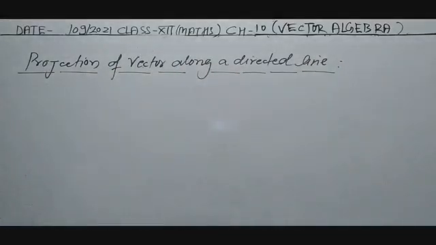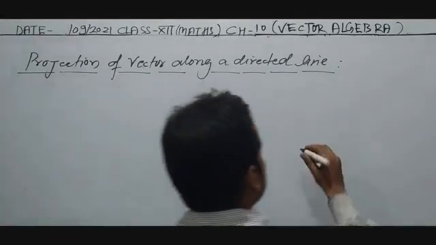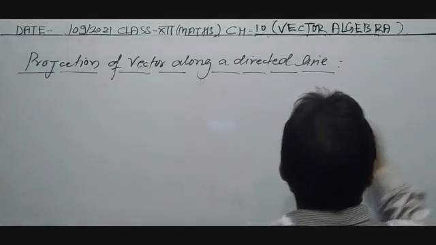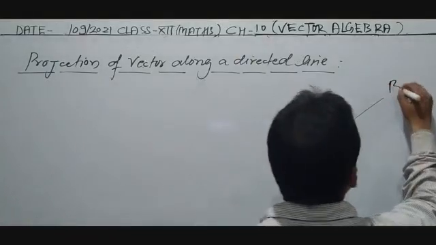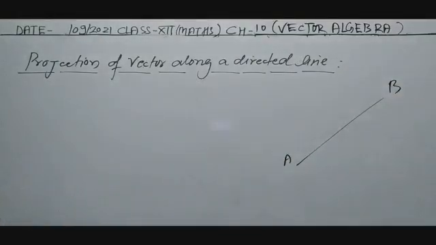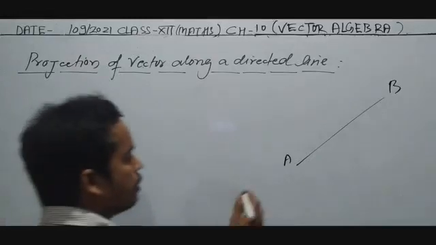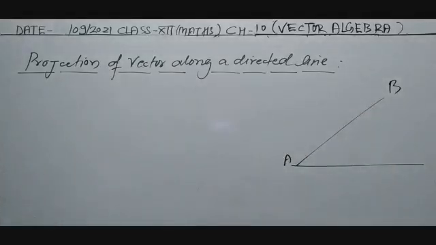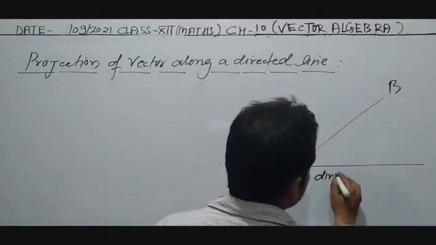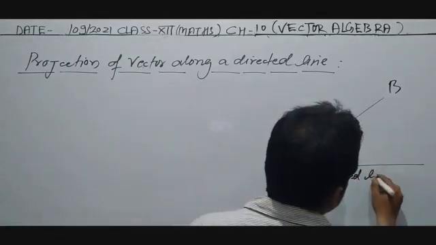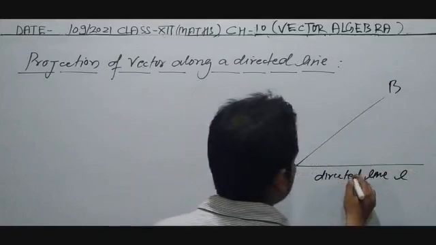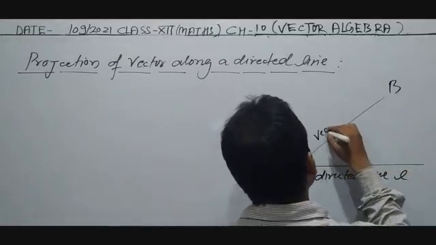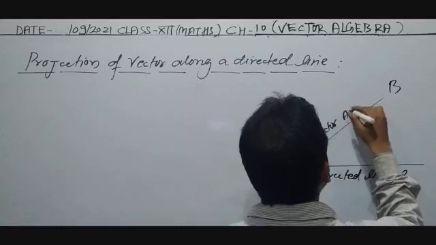Now we are going to consider AB is a vector, inclined with an angle theta with a directed line L. Suppose this is the directed line L, and this is the vector AB.